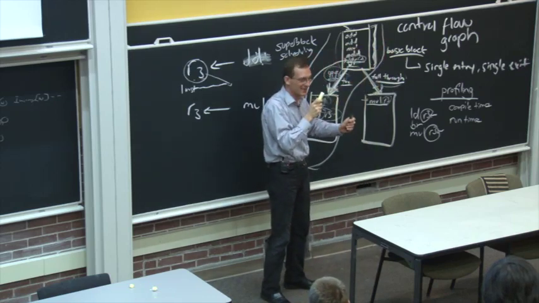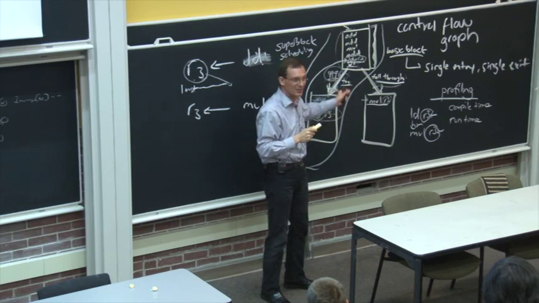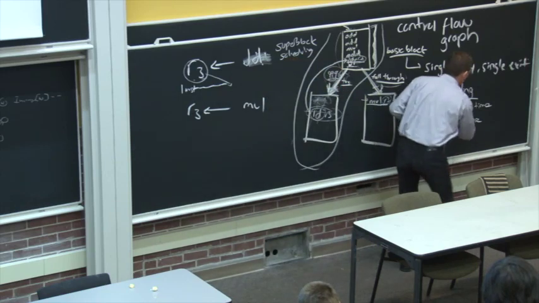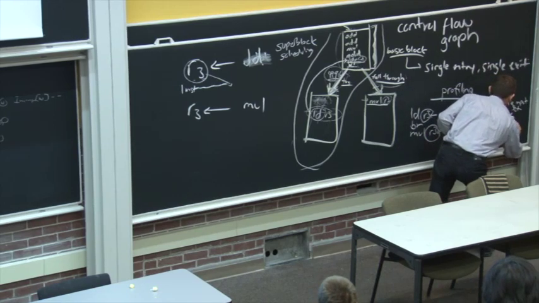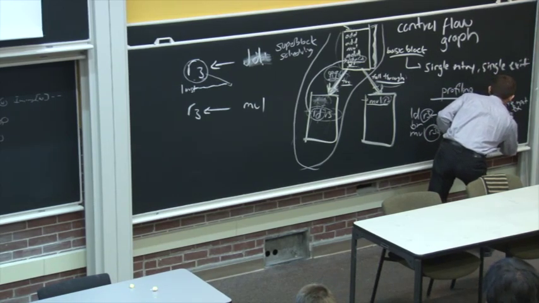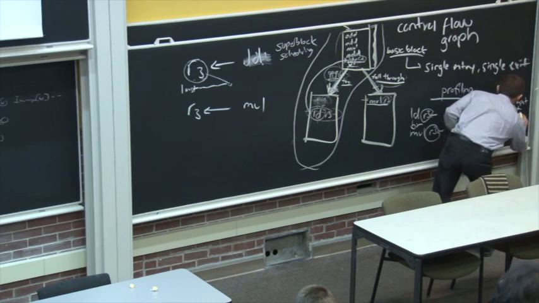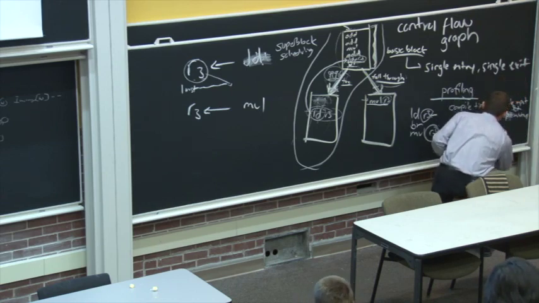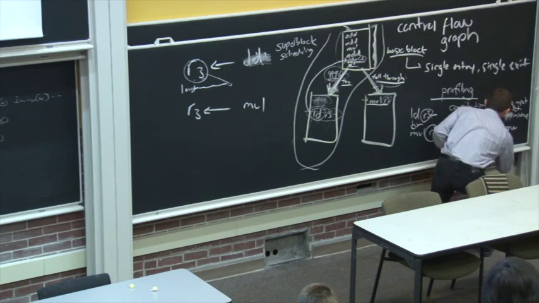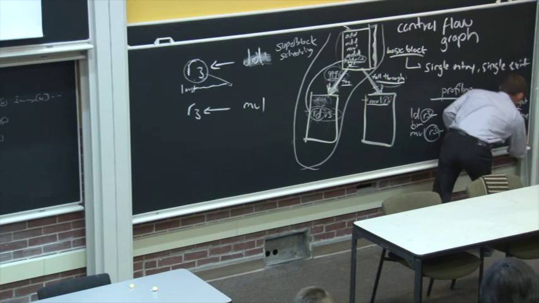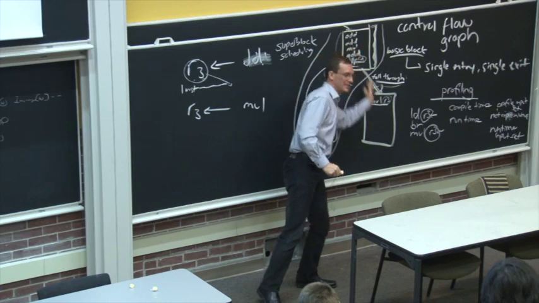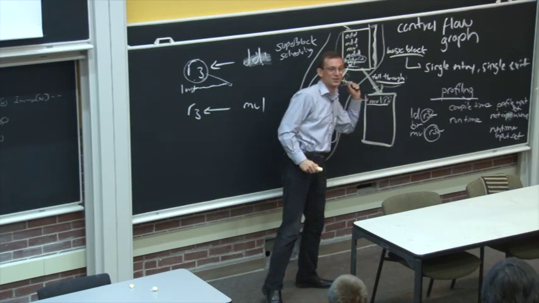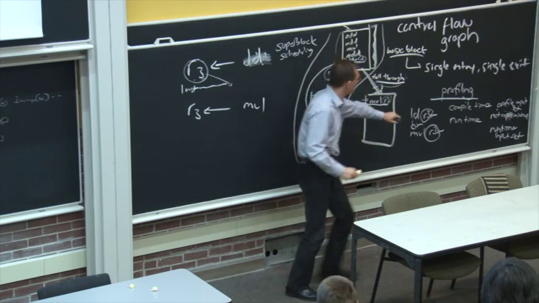So if your compile time profile input set is not representative of your runtime input set, your compiler can make scheduling decisions that are not desirable. It can optimize for this path, but actually you're executing this path in the real run. And that representativeness is important.